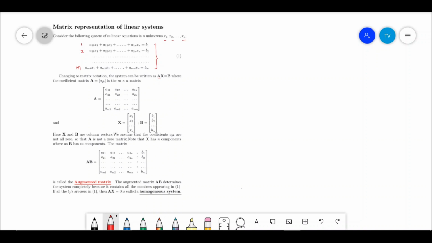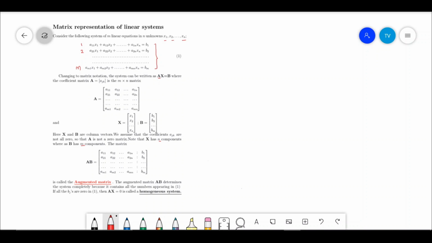We assume that the coefficients ajk are not all 0, so that A is not a zero matrix. Note that X has n components, whereas B, which represents the right hand sides of these m equations, has m components.